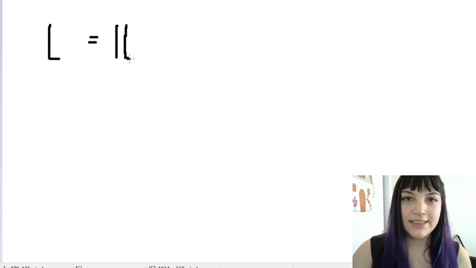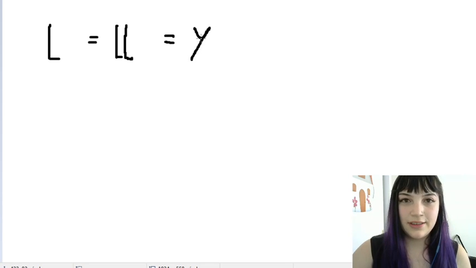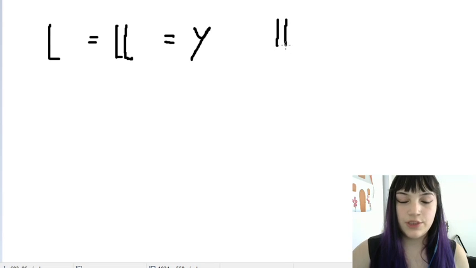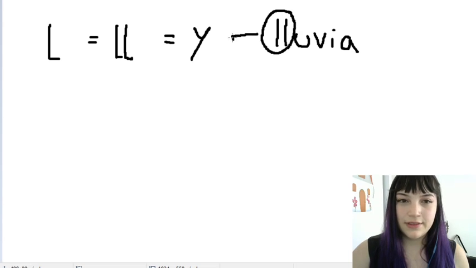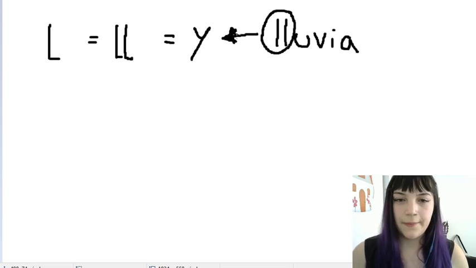You get the Y pronunciation. For example, we have the word lluvia, which means rain, and in this case the double L would sound like the letter Y.